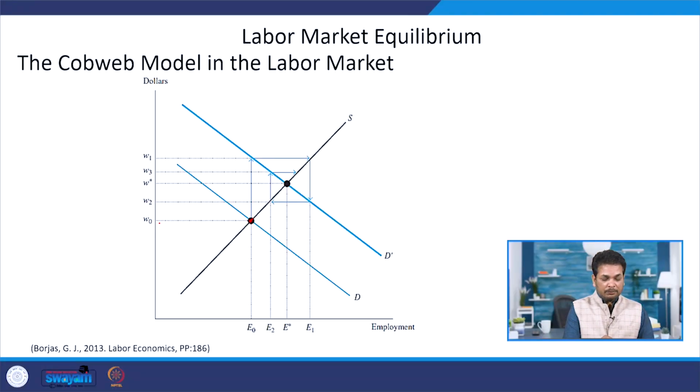If we look at it in a comprehensive way, we can see that at E0 employment and W0 wage rate, if any sudden change happens to the demand function, then there is an increase in the wage rate to W1. Now, considering this W1 wage rate, there will be an oversupply of workers to this particular market, which may lead to an increase in the number from E0 to E1.